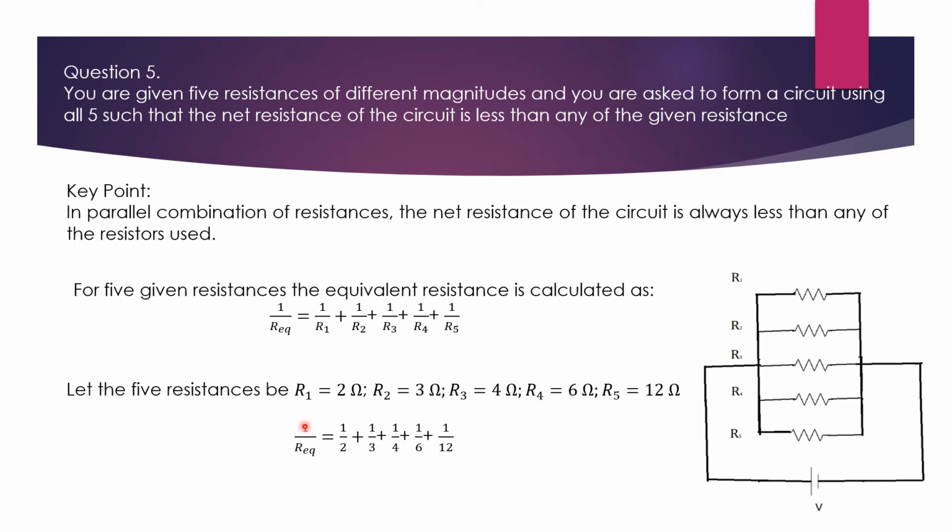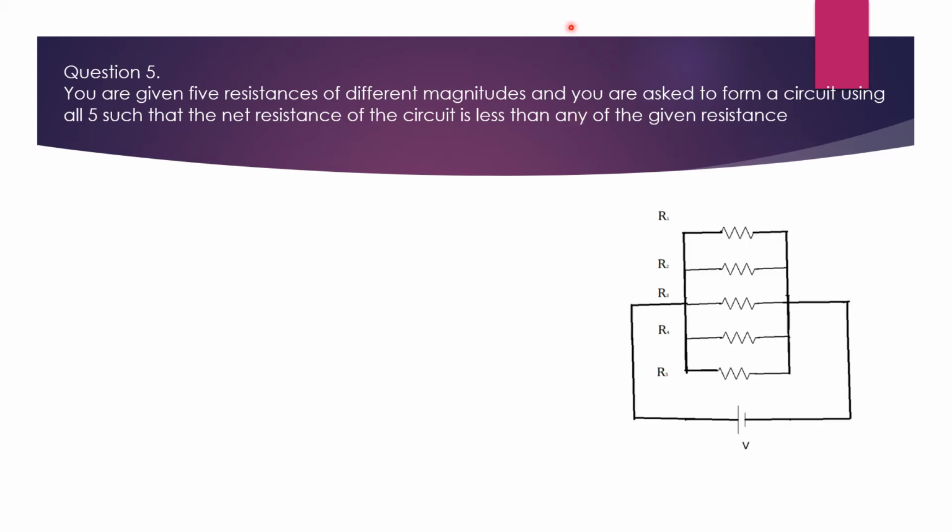So what I write is 1 over R equivalent is equal to 1 over 2 plus 1 over 3 plus 1 over 4 plus 1 over 6 plus 1 over 12. Now, this is the parallel circuit.